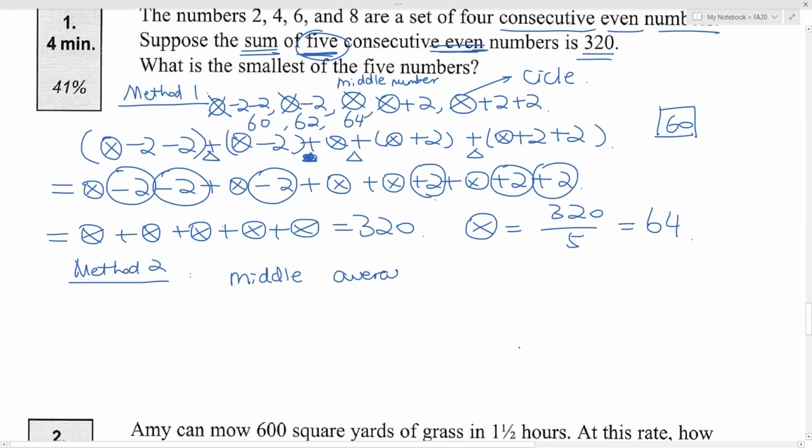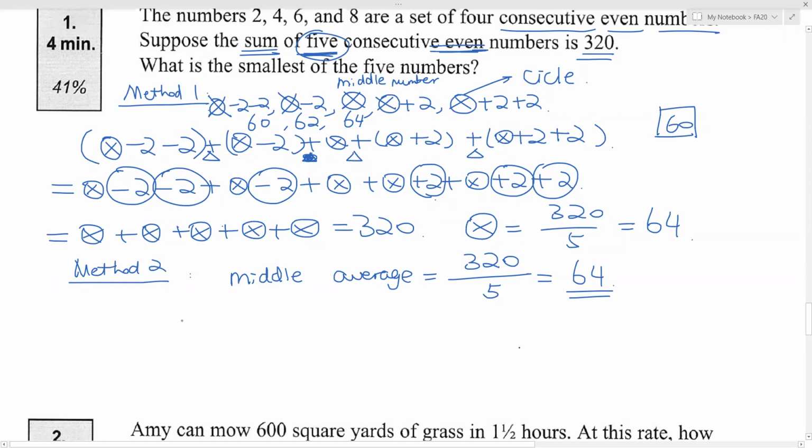So that's my quick way. The middle number is the average. So what I'm saying is 320 divided by 5, that's the average. In just 10 seconds, I figured it out. The middle number should be 64 by just doing the average, okay?